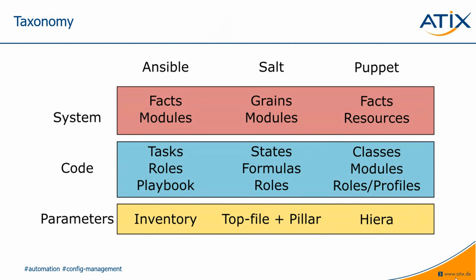And if you have a complete set of classes, which can be one or more classes to describe one aspect of your configuration, those are usually modules. And those modules are usually shared by the community.